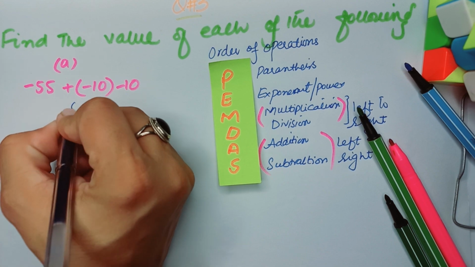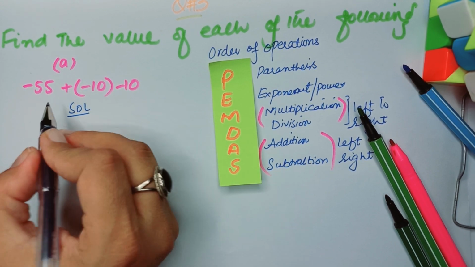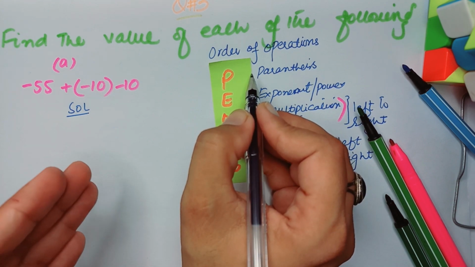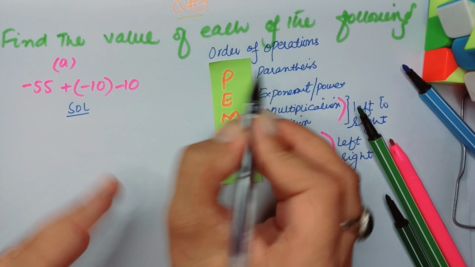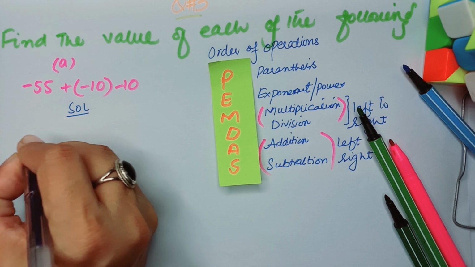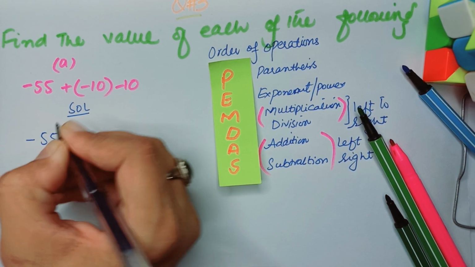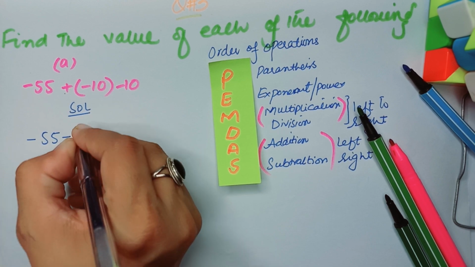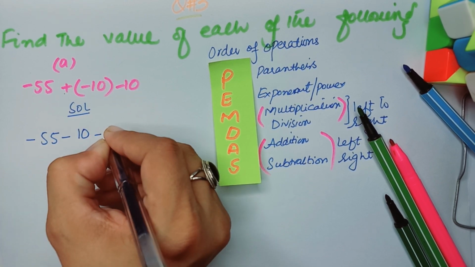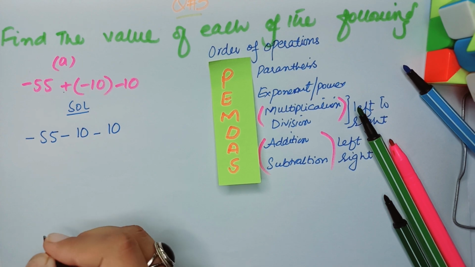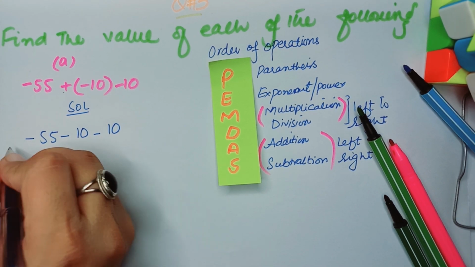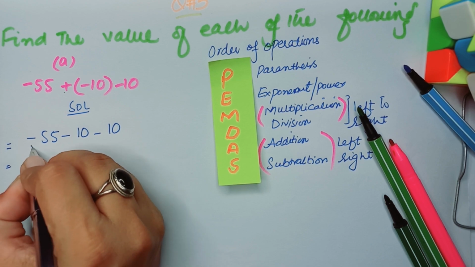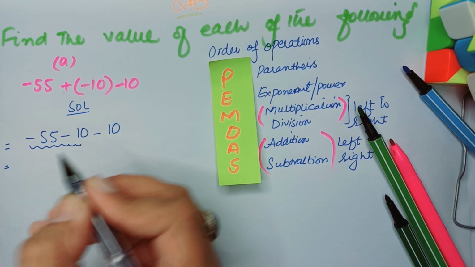Now dear students, in this question, first we have to solve the parentheses. So here there is the bracket, so we have to solve it. Plus minus, you will get minus. Now you have to solve this one first.